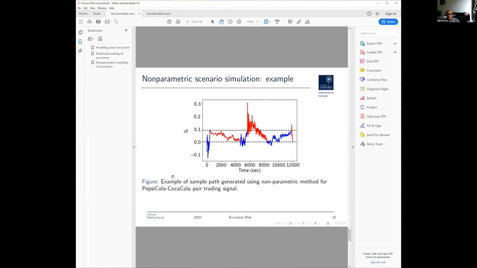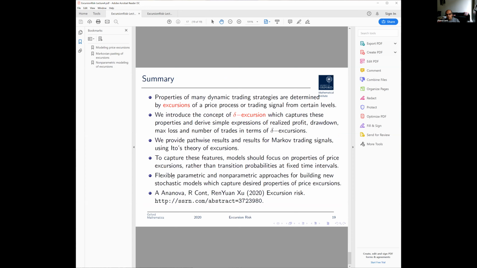And I think this is a rich theory in general to look at, both from the perspective of theory and application. So to summarize, what I tried to convince you of in these lectures is that looking at the modeling of price processes or trading signals through the lens of excursions can be very useful and fruitful, because many properties of dynamic trading strategies are in fact completely determined by excursions of the underlying trading signal.